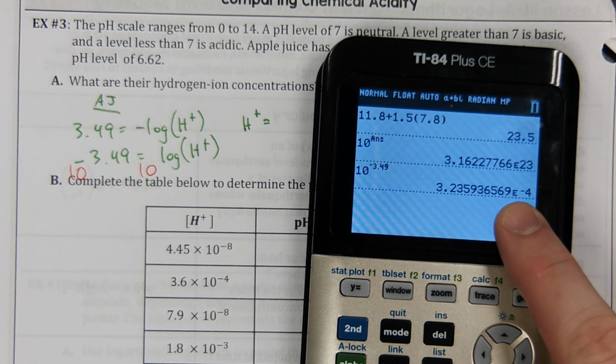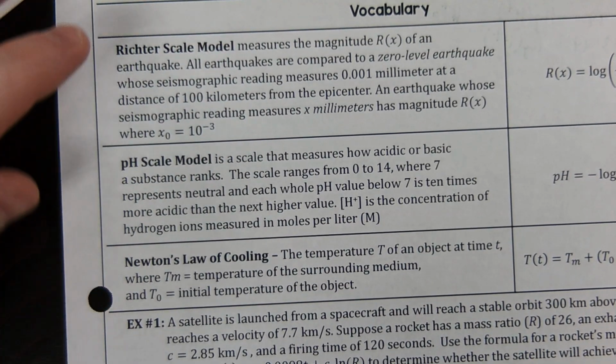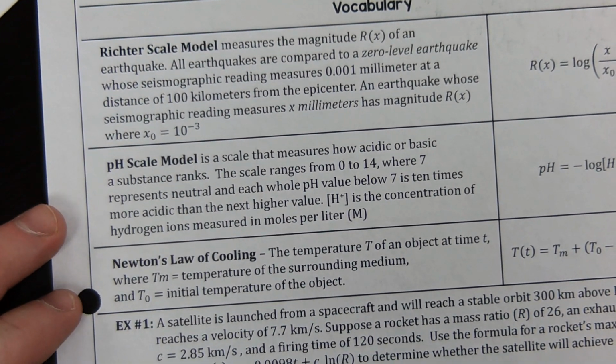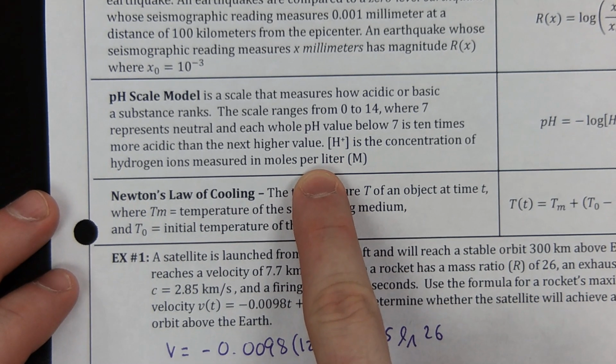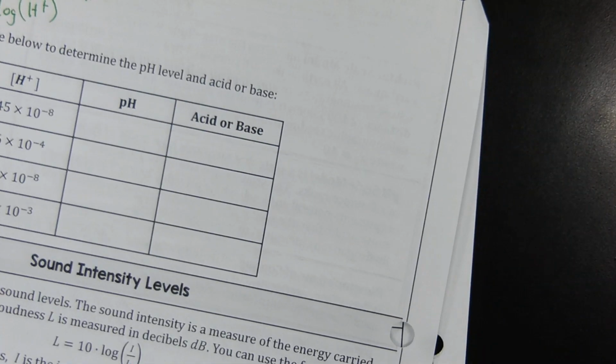Chemistry is done in scientific notation, right? And I think this is moles per milliliter or something like that. Yeah, it's in moles per milliliter. And since moles are always done in scientific notation, I say we go ahead and use the scientific notation answer.